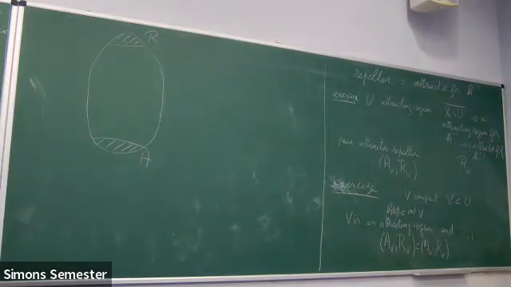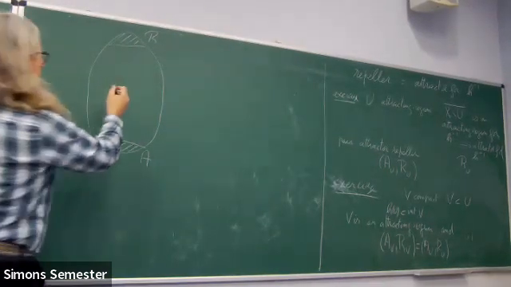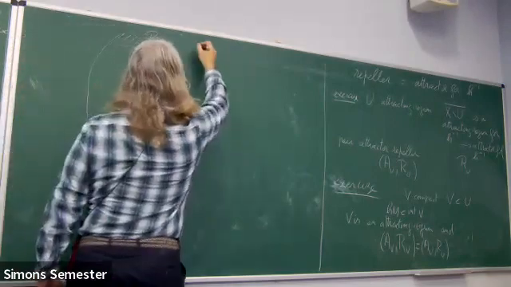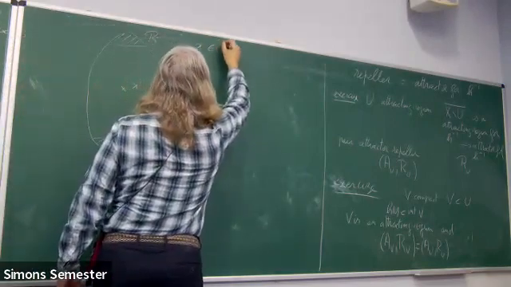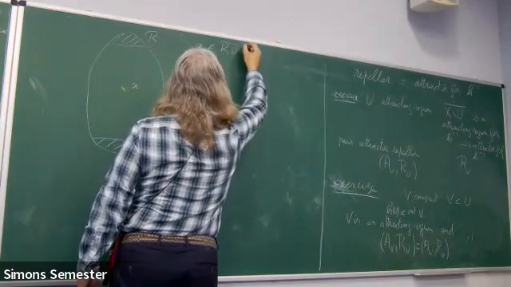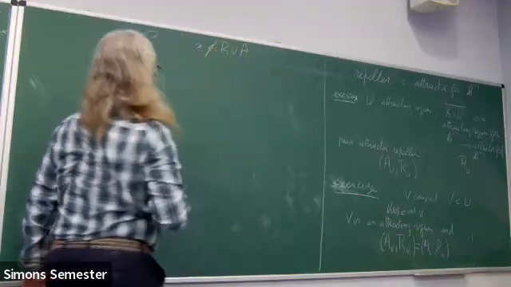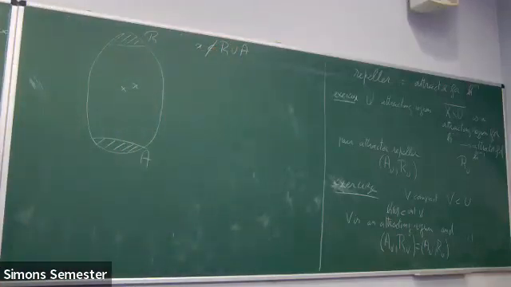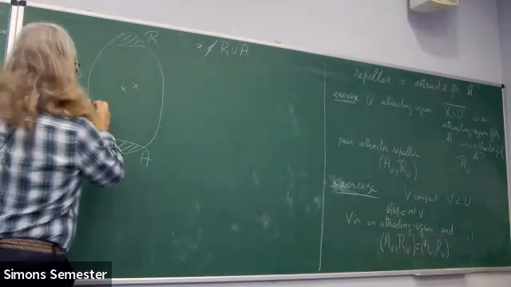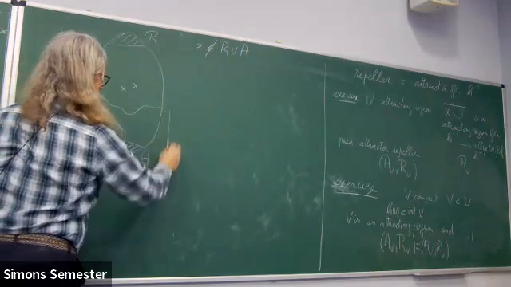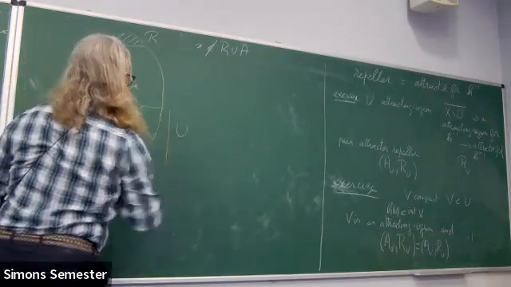And what happens to a point in the middle? Consider X, which does not belong to the union. So what you know here is that there exists some trapping region U for A.